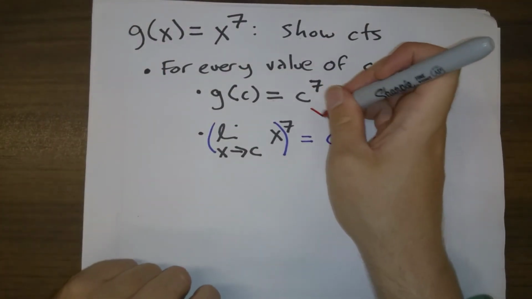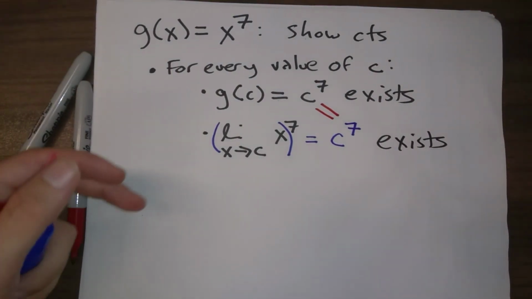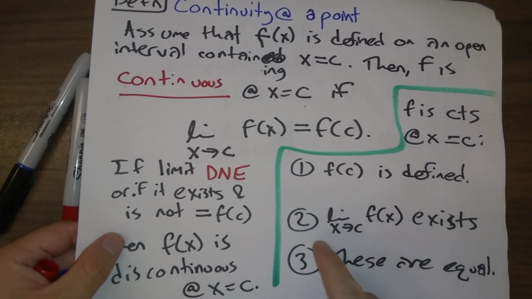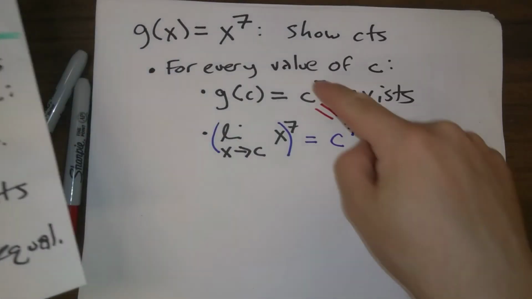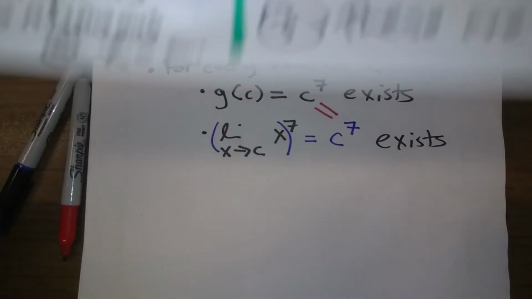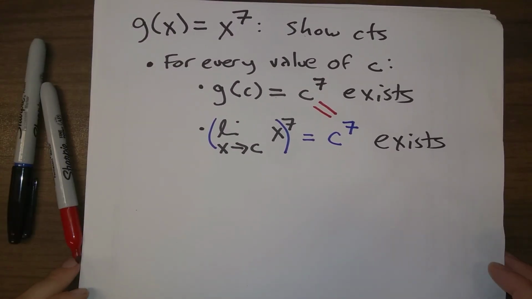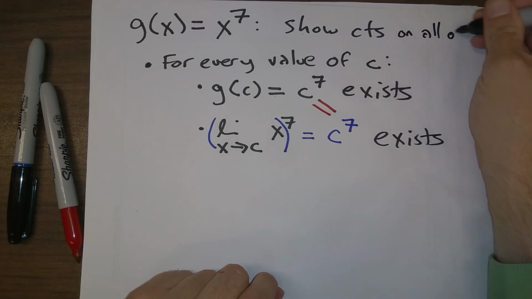And finally, we observe that those two values are equal. Going back to our definition, g of c is defined everywhere, the limit as x goes to c of g of x exists everywhere, and those two values are equal. And so this shows that our function is continuous everywhere, so continuous on all of R.